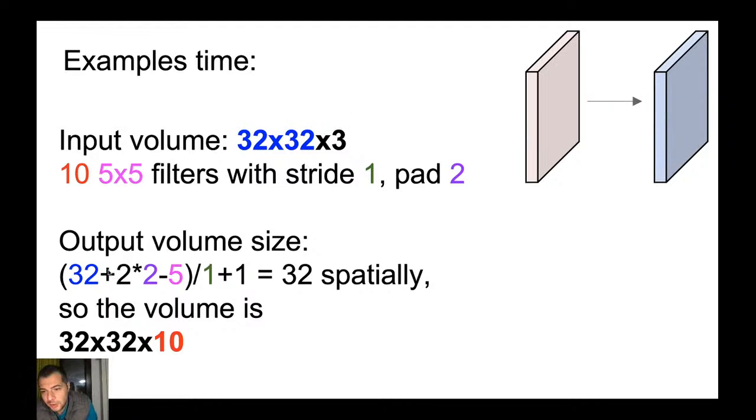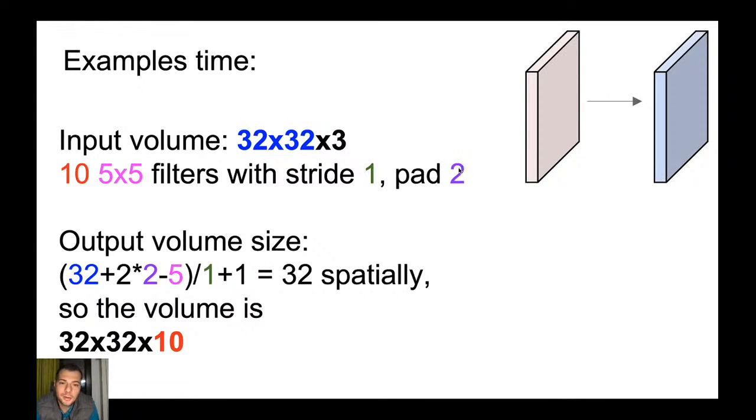The size of the input is 32 plus the zero padding that goes on both sides of the input image, so 2 times the padding, which is 2. So the size of the input is actually 36. Minus the size of the filters, 5, divided by 1, plus 1, we get the output 32.